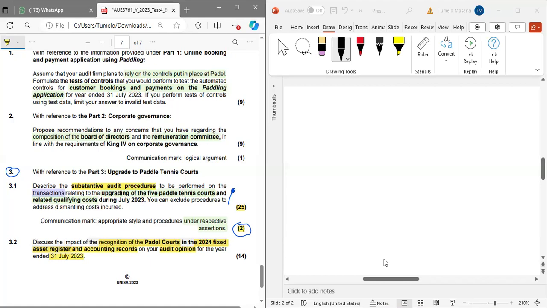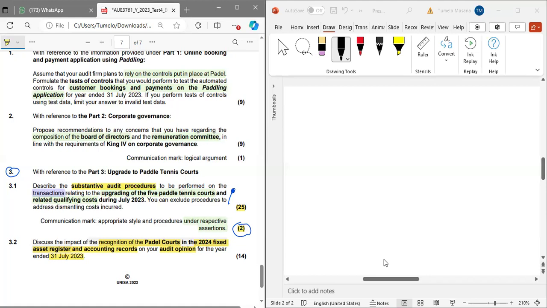And you know that material misstatements are the ones that would affect the judgment of the user. So materiality can be quantitative or qualitative, right? So what I mean is that misstatements can be qualitative or quantitative.